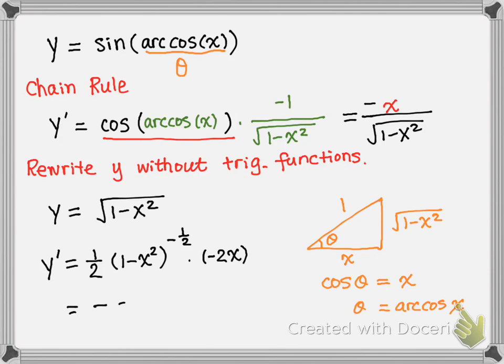Negative x on the top. The negative 1/2 power is just in the denominator, square root of 1 minus x squared. You get exactly the same expression back. So both ways will work. Whichever way is easiest for you, you go for that way.